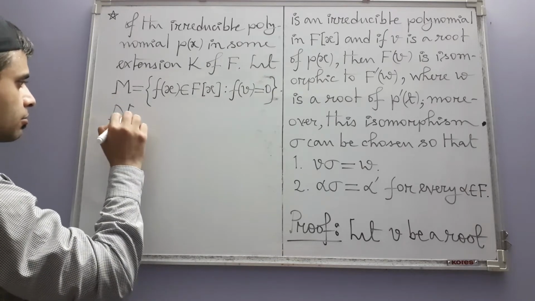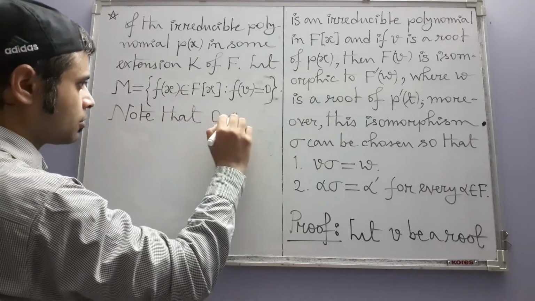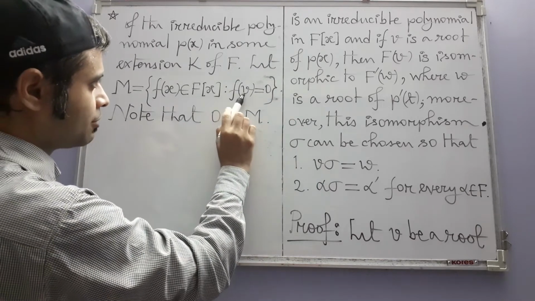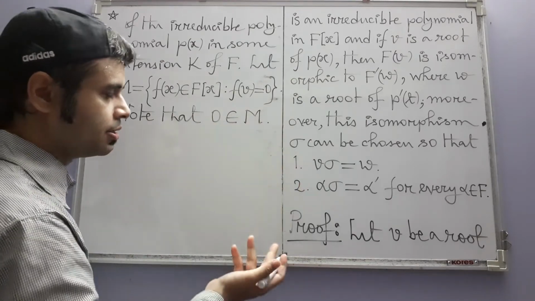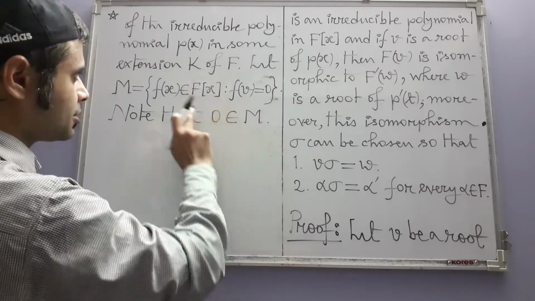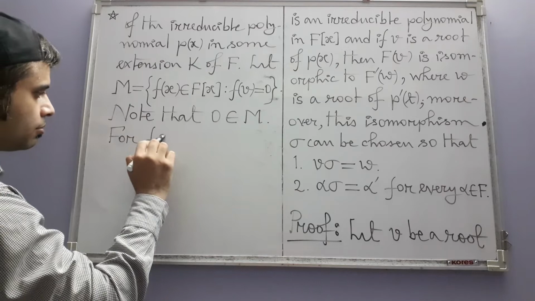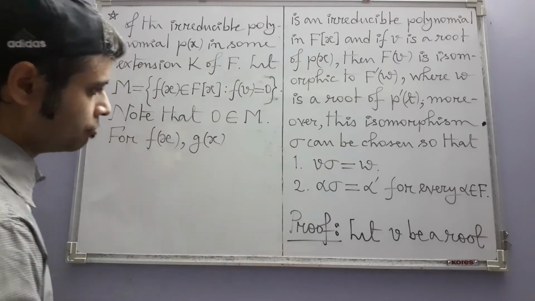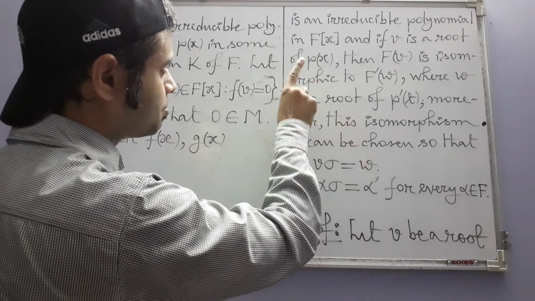Note that the 0 polynomial belongs to M. Why? Because if you evaluate 0 at v, it is going to be 0. The 0 polynomial evaluated at any point is actually 0, so in particular at v also it is 0. So that means M is a non-empty subset of F[x]. For f(x) and g(x), we should be careful to not use the polynomials that we already have here, that is p(x).